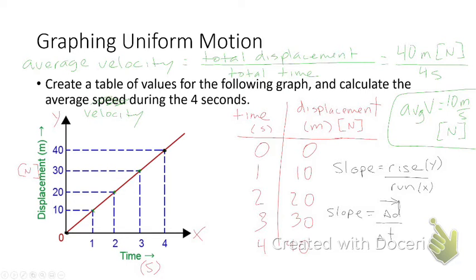When we find the slope on a distance or displacement time graph, we are calculating the average velocity.